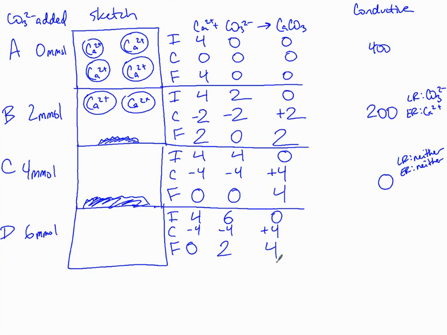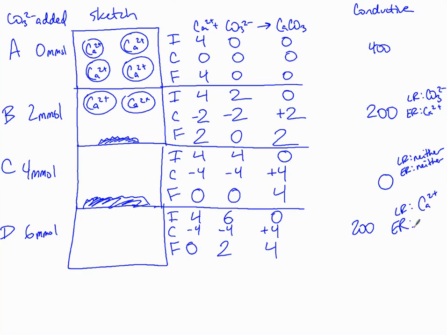Conductivity of the solution. Well, last time that we had 2 ions left over in the solution, the conductivity was 200. This time we have 2 ions left over. It's 200. Limiting reactant is the one that ends up with 0 in the final. Calcium.